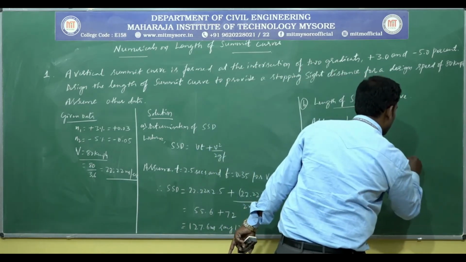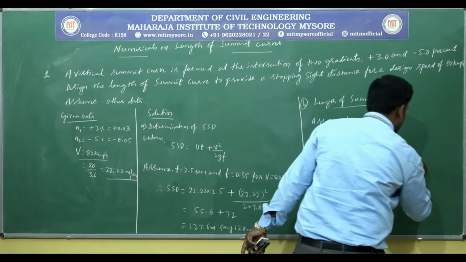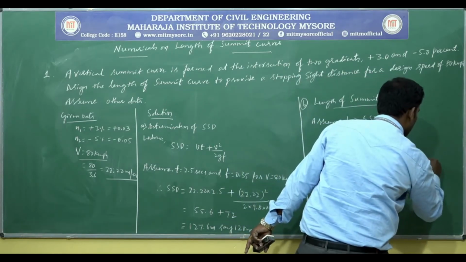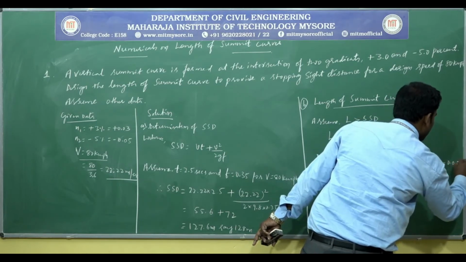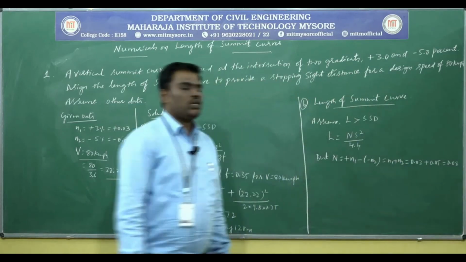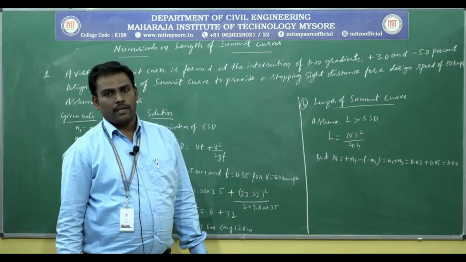So N1 is 0.03 and N2 is 0.05, if you sum it up you may get 0.08. 0.08 is the deviation angle.